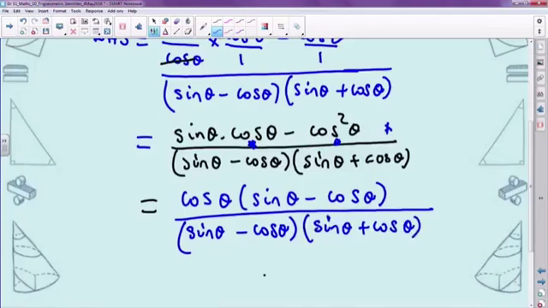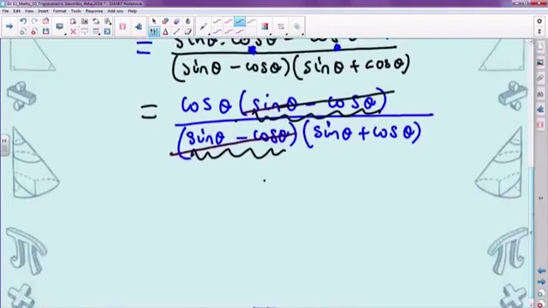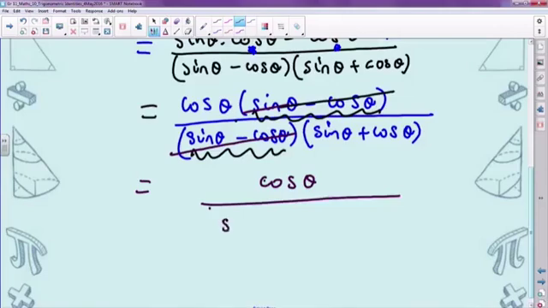Now, very important, guys: cos theta brackets, you're multiplying the whole term, which is sine theta minus cos theta. There is a whole term again here, sine theta minus cos theta, and it's exactly the same. It's like when we have 3 over 4 times 4 over 7. That 4 divides that 4, just like here. So this sine theta minus cos theta divides the sine theta minus cos theta, and then we are left with cos theta all over sine theta plus cos theta.